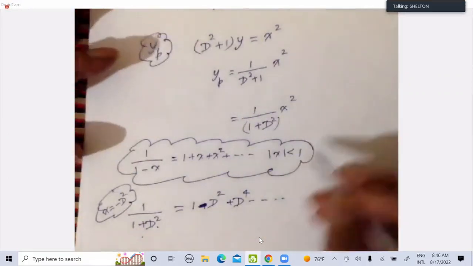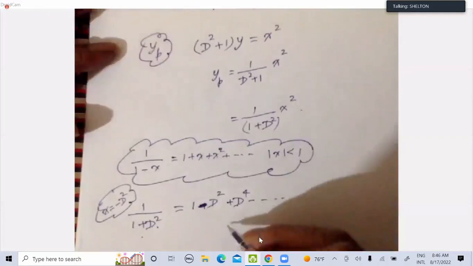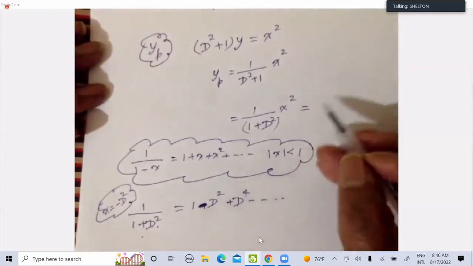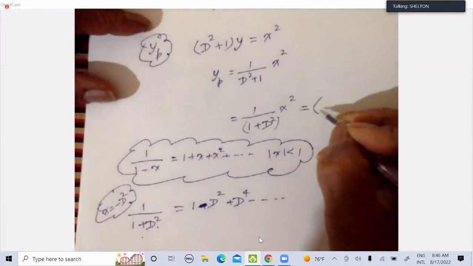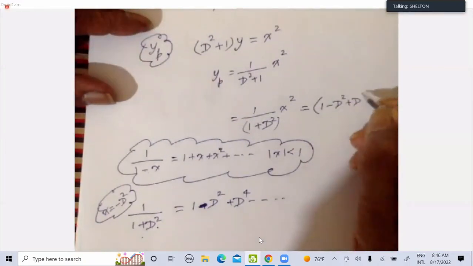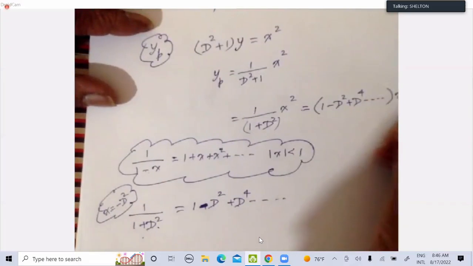Now substitute this. I'll do it here. This is equal to, using this, we can straight away write 1 minus D squared plus D to the power 4 minus and so on, acting on x squared.